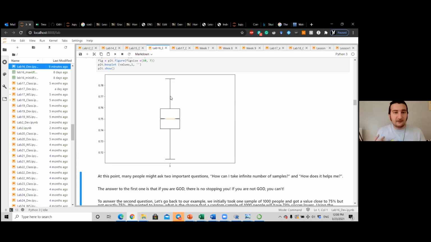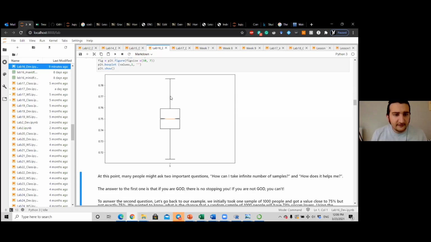What amount of observations are greater than 0.77? Almost 20. What amount of information are less than 0.77? Below 0.77, 80. Yes, 20 above, 80 below.